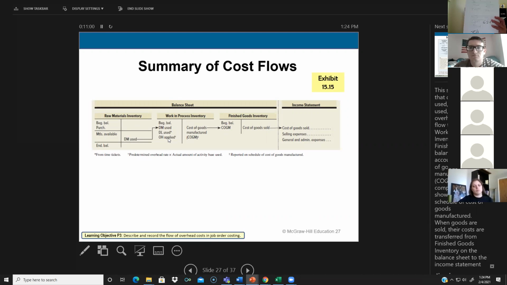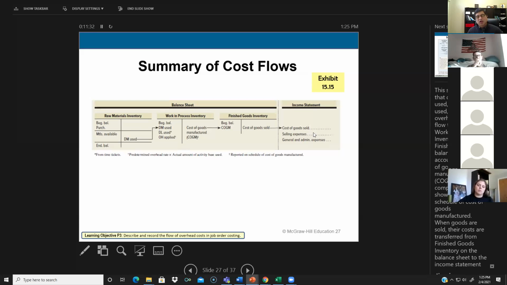So this account is credited and work in process account will be debited. Once your applied overhead, direct material, direct labor have been accumulated, it becomes cost of goods manufactured, and then it moves to the finished goods inventory account. When it is sold, it moves to the cost of goods sold account.